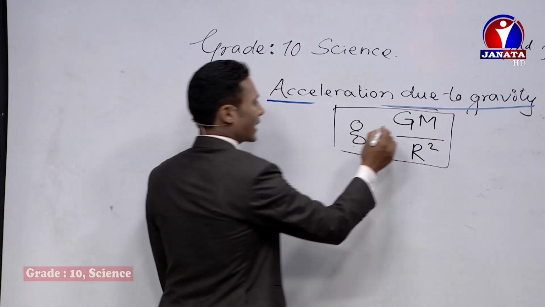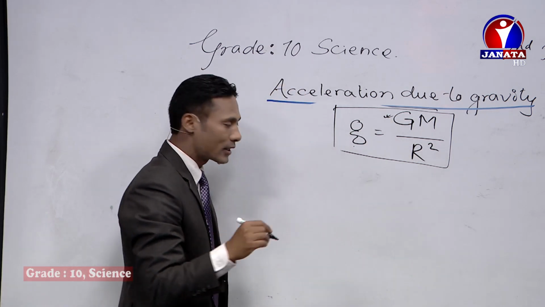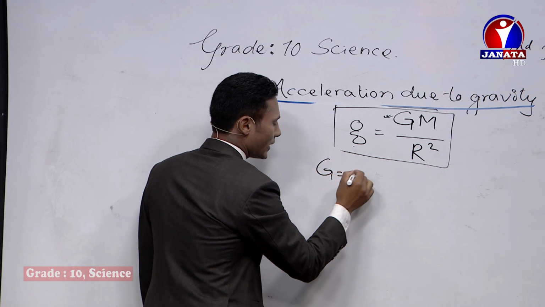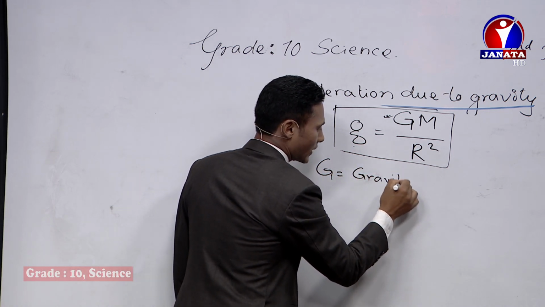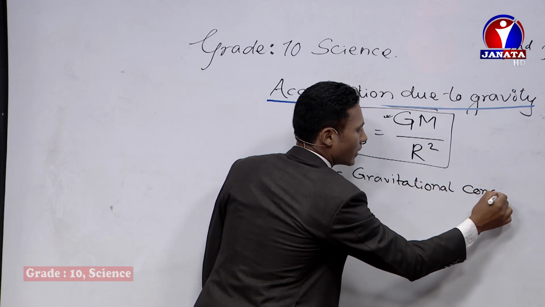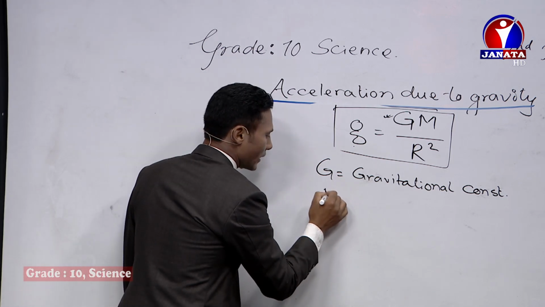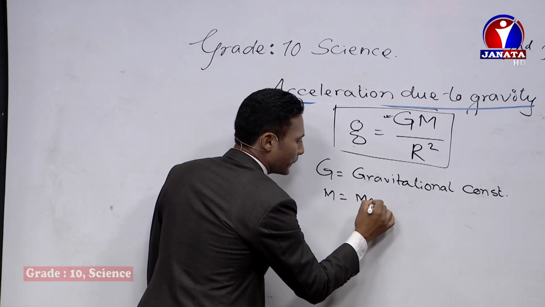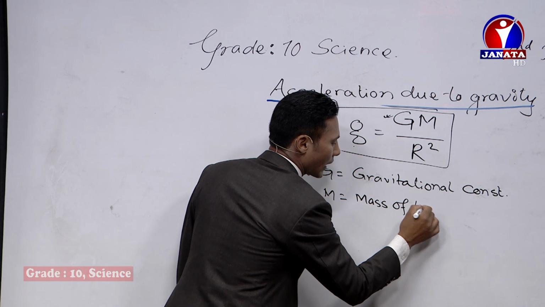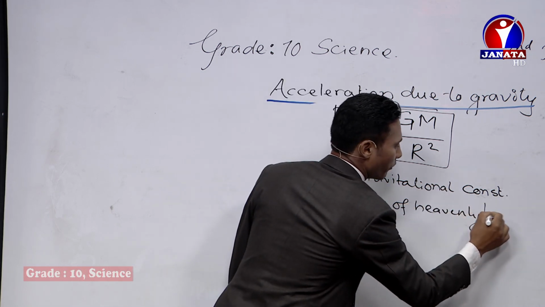Now this capital G is the gravitational constant. That means its value is constant everywhere, right? This M is the mass of the heavenly body.